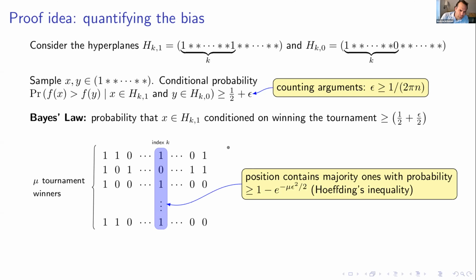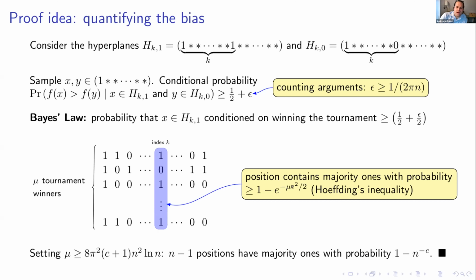So what this can allow us to do is, if we look at the mu tournament winners, because these samples are taken independently of one another, then if we look at the number of ones and the number of zeros at index k, we can apply Hoeffding's inequality, which is this sort of well-known concentration bound that ensures that the position will contain more ones than zeros, with probability 1 minus e to the minus mu epsilon squared over 2, right?